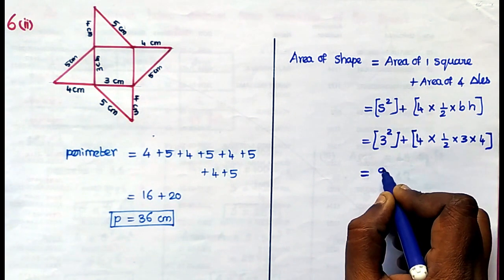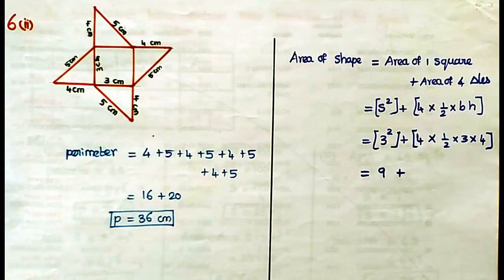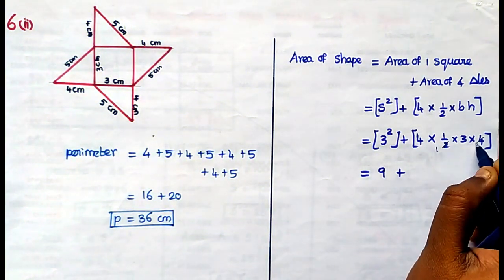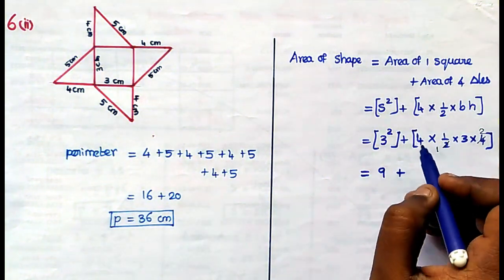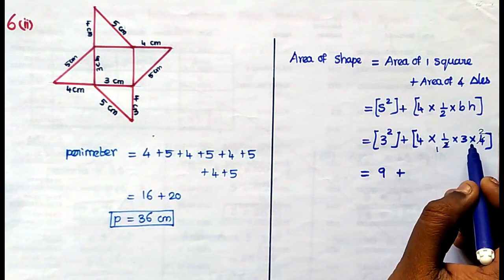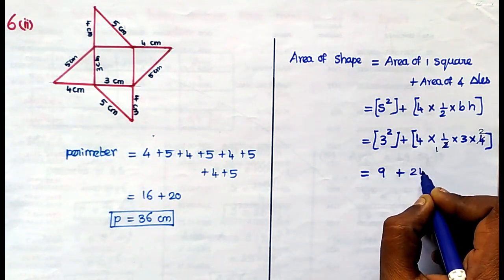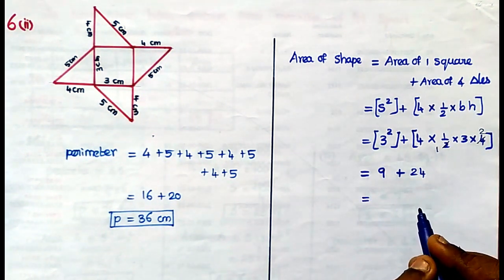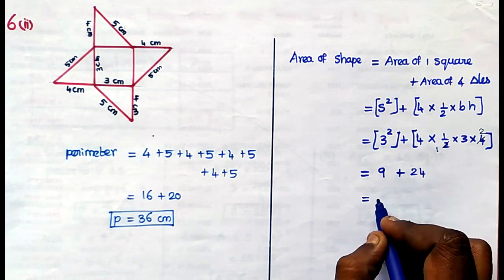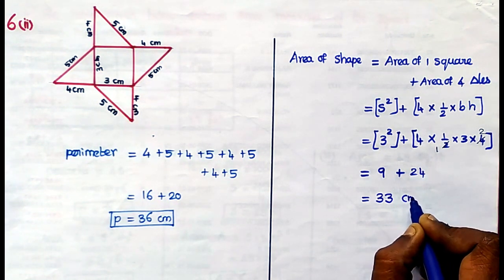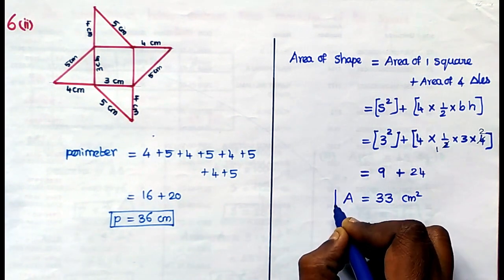Three square, that is 9, plus here cancel the numbers. 2 1 is 2, 2 2s are 4. Multiply the remaining numbers, 4 3s are 12, 12 2s are 24. Adding, we get 33. 33 square centimeter, that is the area of the shape.